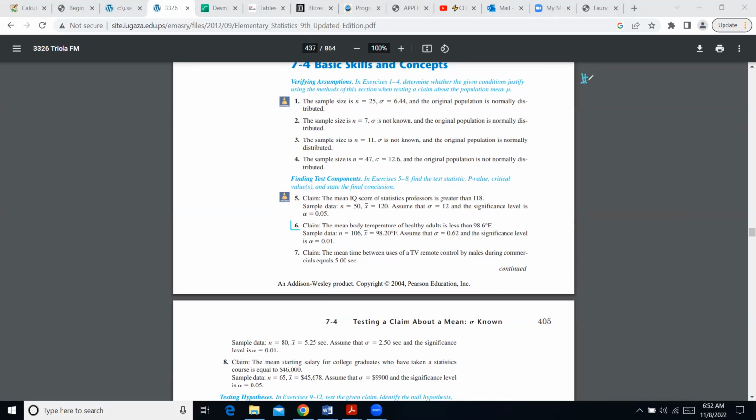And actually the word here is mean, so I put a mu in the claim. That mean is less than 98.2. Okay, 98.2 is what I'm comparing it with. And now I have to decide, would that be H1 or H index 0? And the answer will say there is no equal sign, so it must be H1.